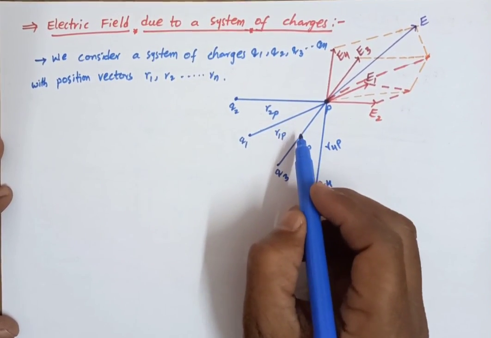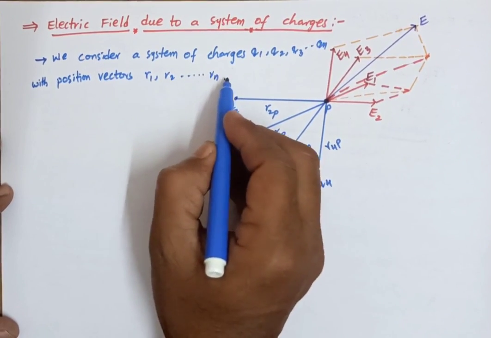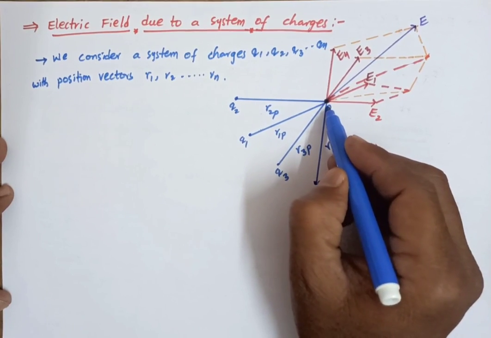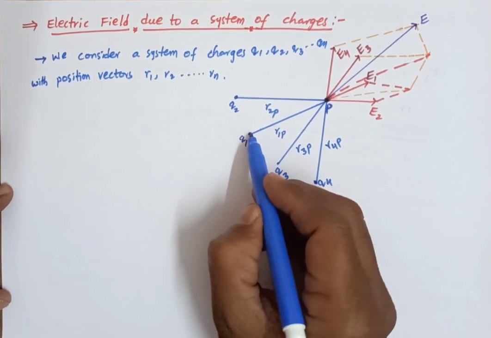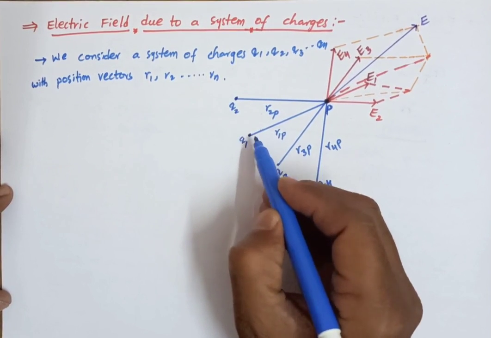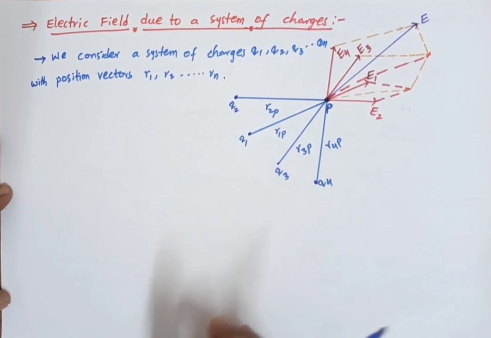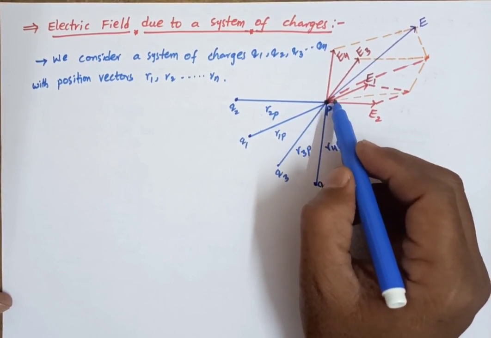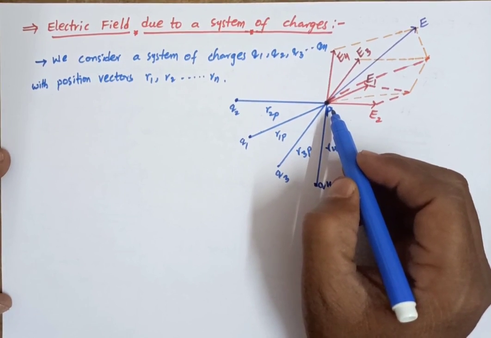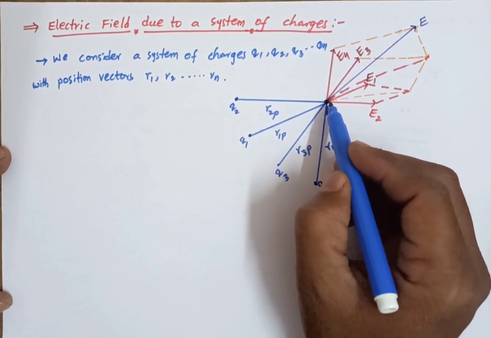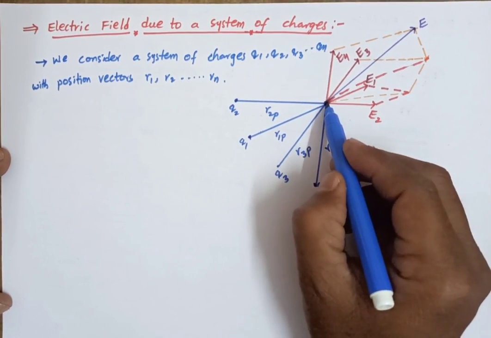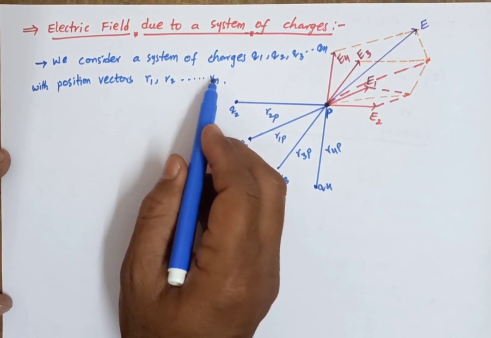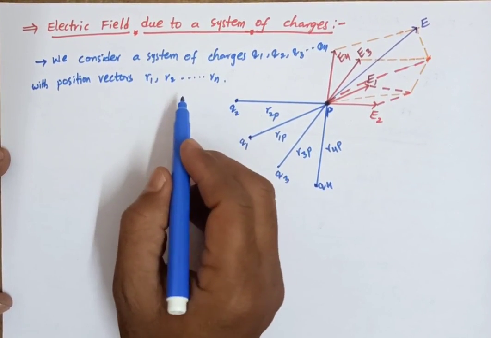Here this is point P, a test charge, and the source charges are q1, q2, q3, q4. These are the position vectors.